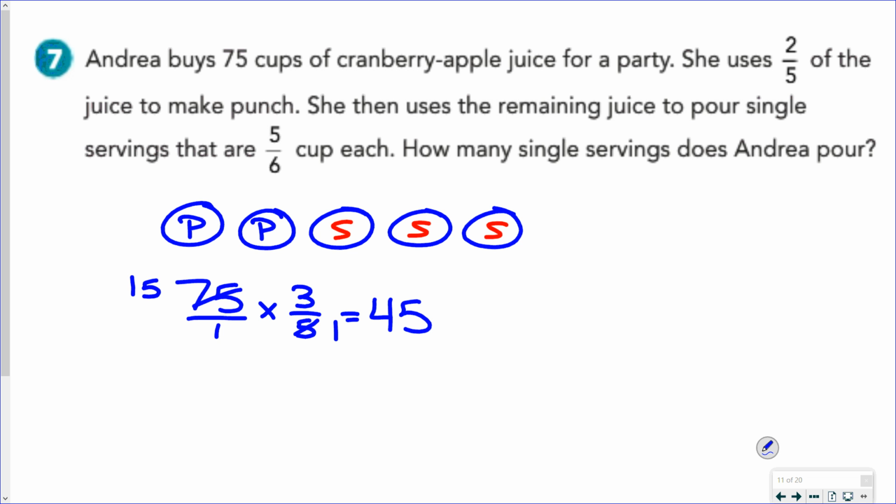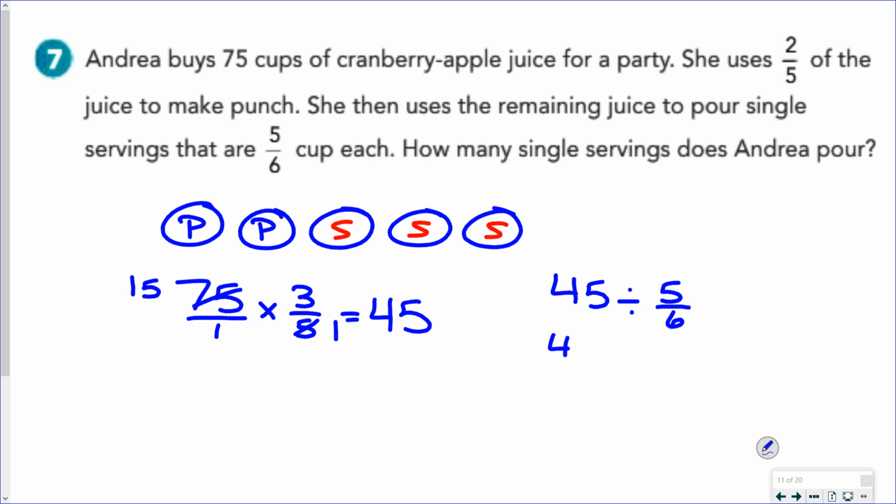Well, in the previous problem, I didn't have 45, I had 60. I didn't have 5/6 of a cup, I had 2/3. On the previous problem, I took 60 divided by 2/3. So for this one, I'm going to take 45 and divide it by 5/6 to figure out how many single servings Andrea pours.